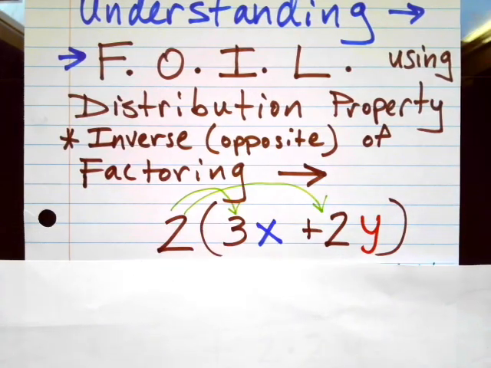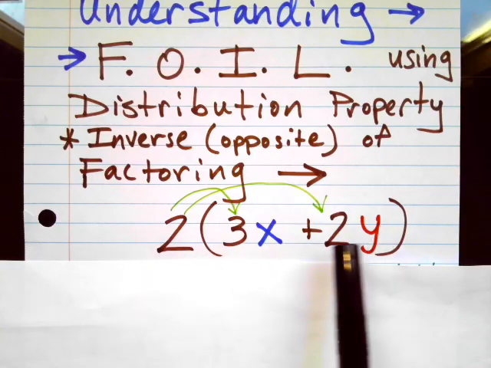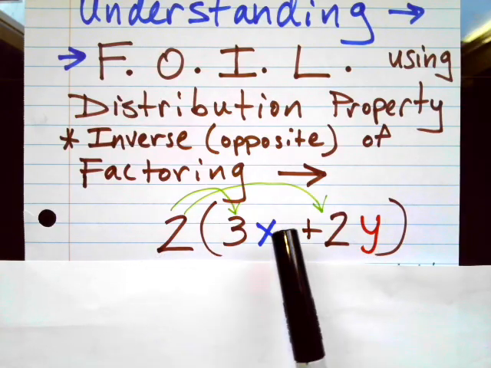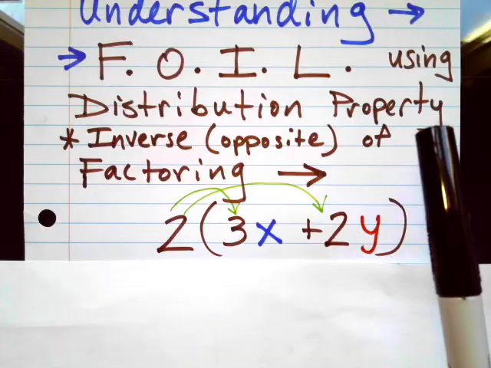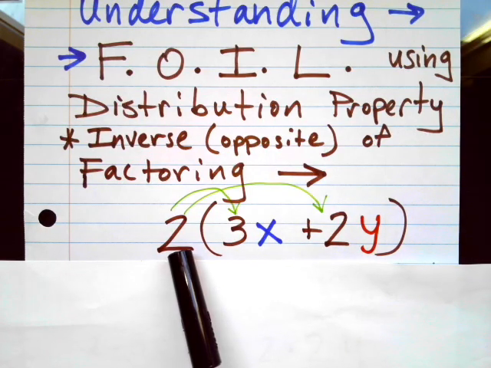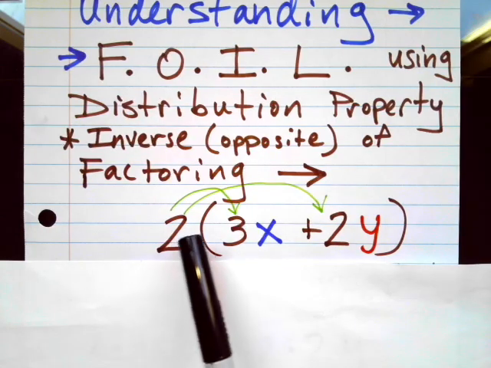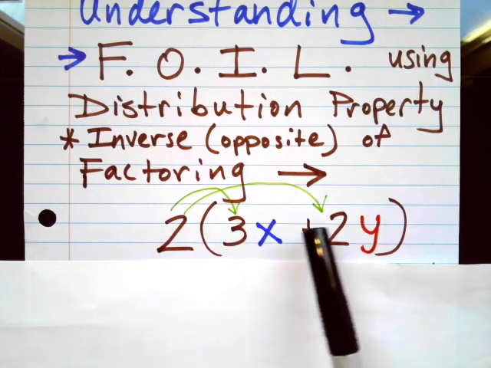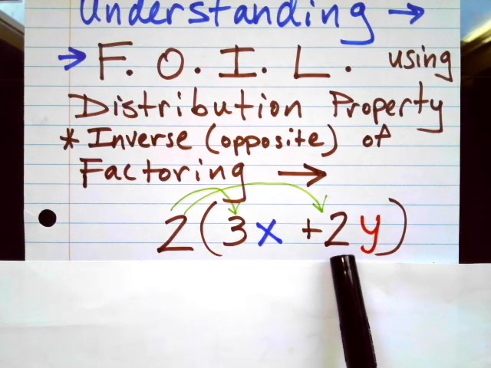So getting back to FOIL, this right here is not an example of FOIL. This is an example of the distribution property, where you're going to take one term outside the parentheses, the 2, and multiply it times each of the terms inside the parentheses.